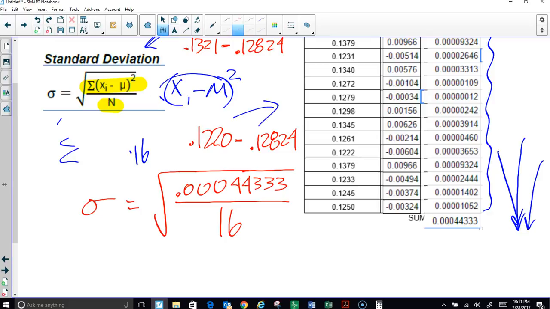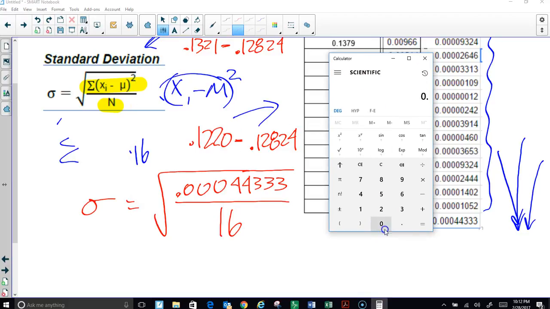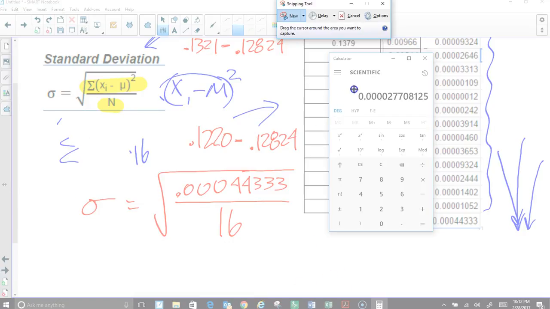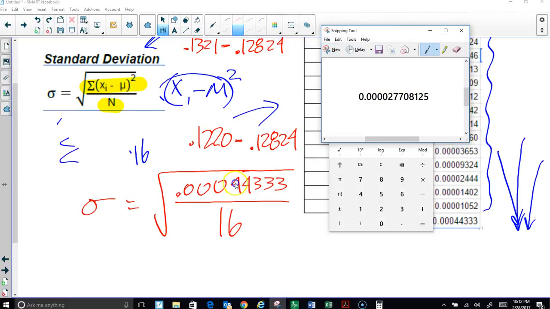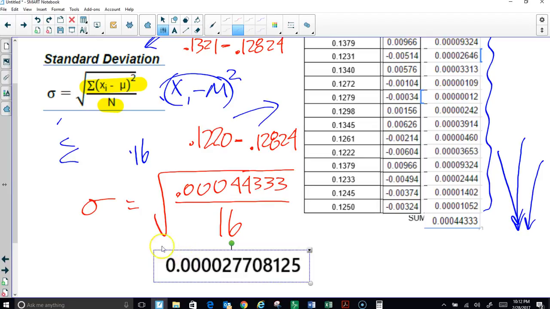I'll do this one the old-fashioned way. So I got 0.00044333 divided by 16 equals this.